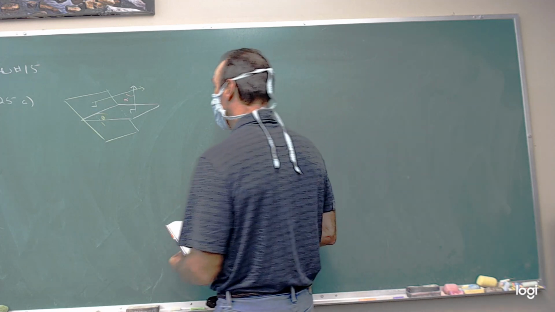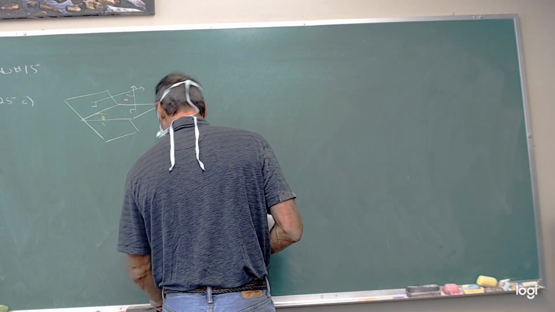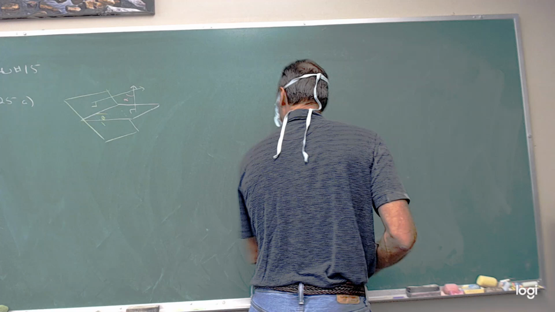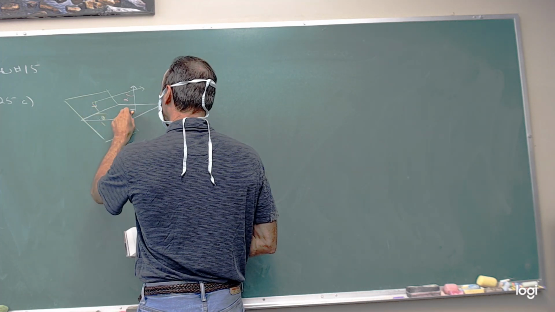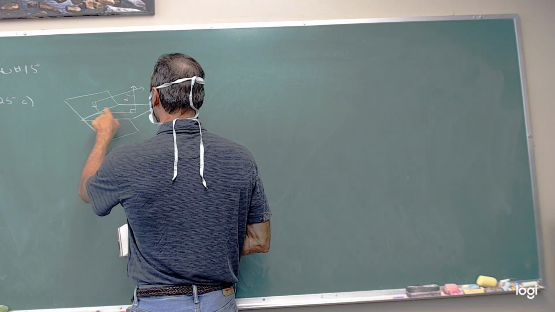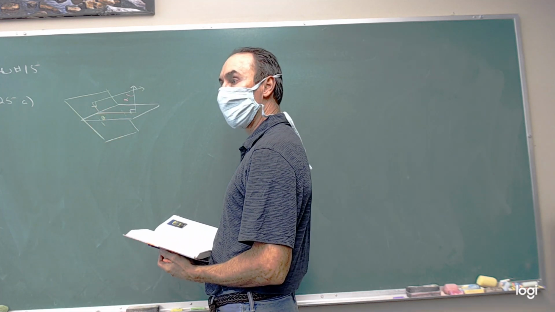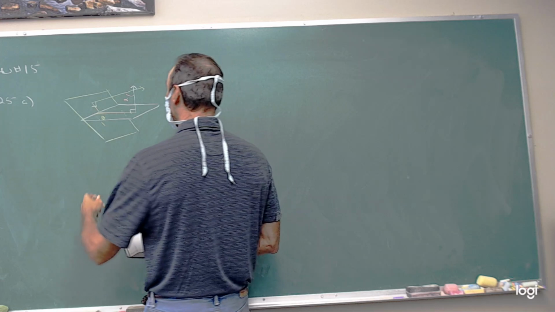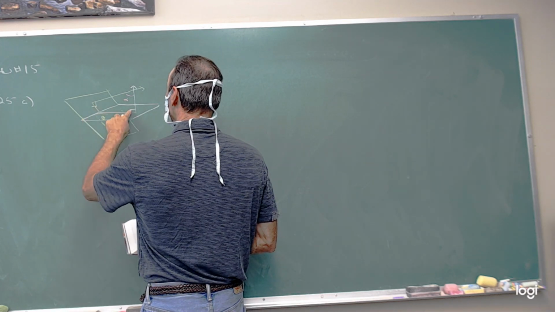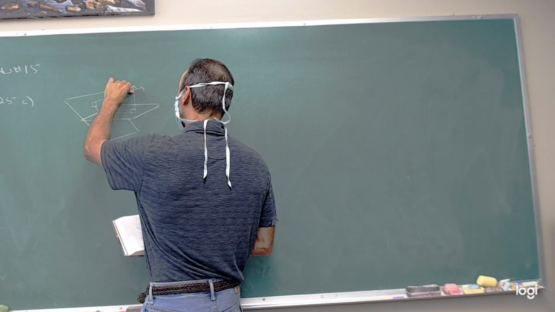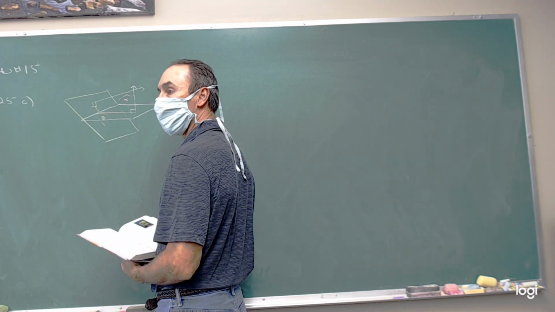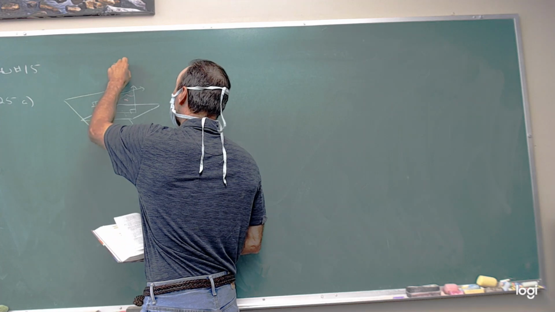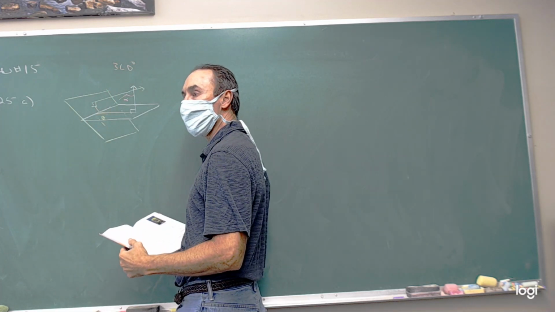So our claim is that if you imagine coming along here and coming over there, we're going to create a quadrilateral, and we know that these two are right angles. In a quadrilateral, it's like two triangles, so the sum of the angles is 360 degrees.